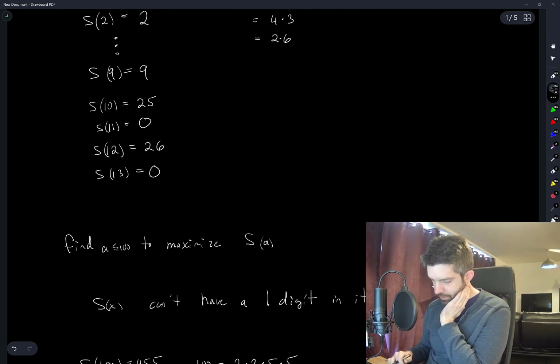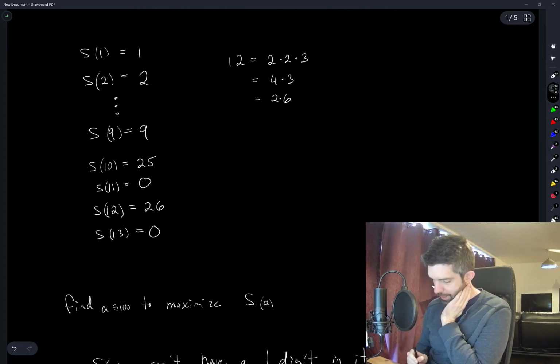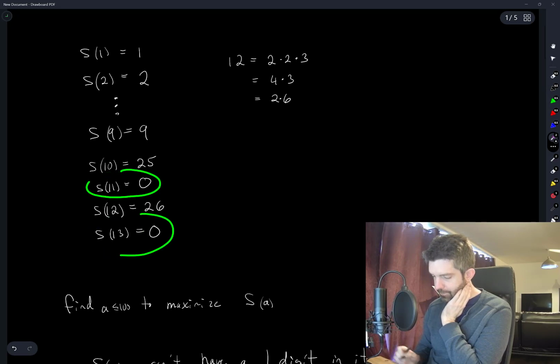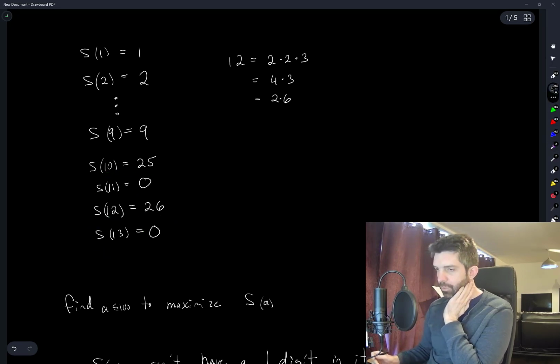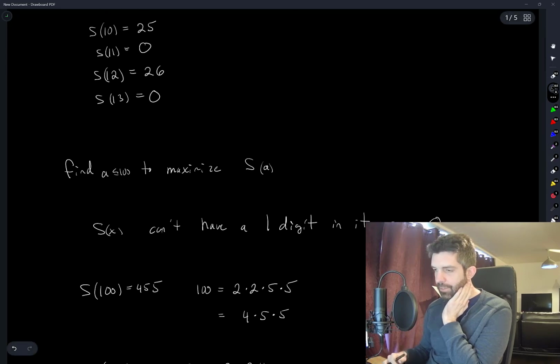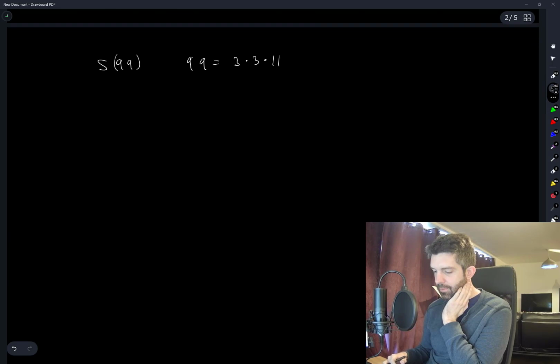So we saw here that primes will always give us a 0, but so will any number with a prime factor longer than 2 digits.